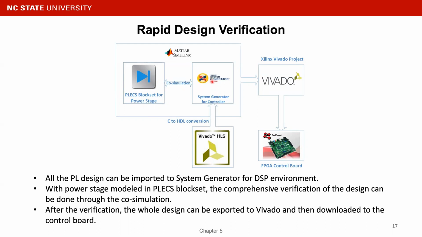And in the System Generator environment, we can import our HLS design and also our HDL files to run a co-simulation between those 2 environments. And then after the co-simulation, we can export our design into the Vivado environment, and then we can synthesize it and finally download it to the FPGA control board.